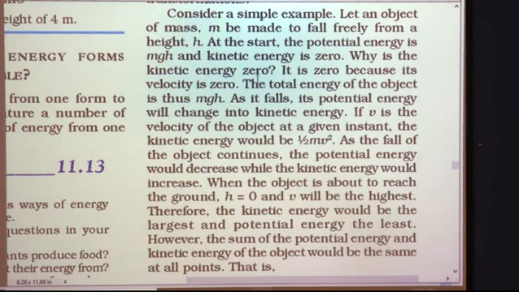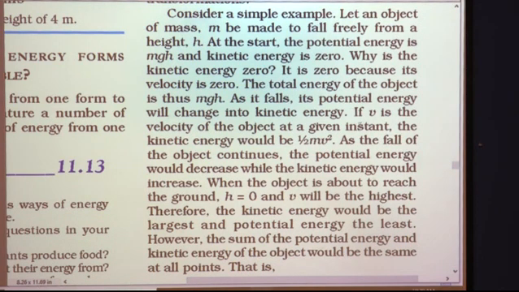As it falls, its potential energy will change into kinetic energy. When the object starts falling, it is set into motion, isn't it? It means the object is moving, and you know that all moving objects possess kinetic energy.